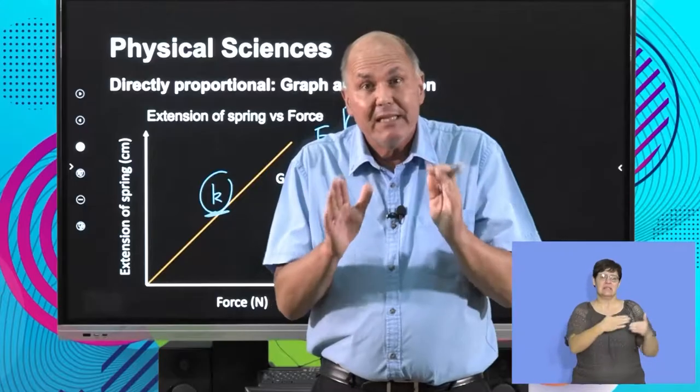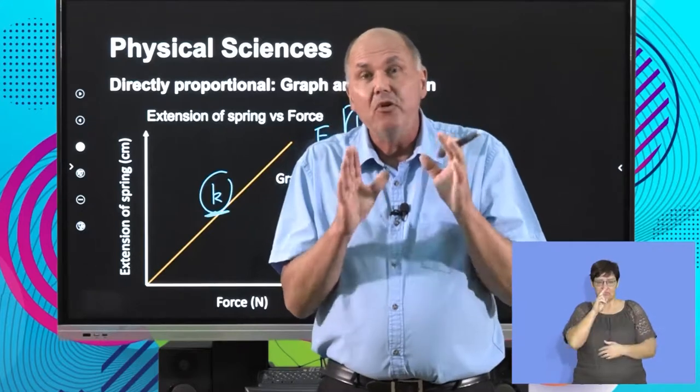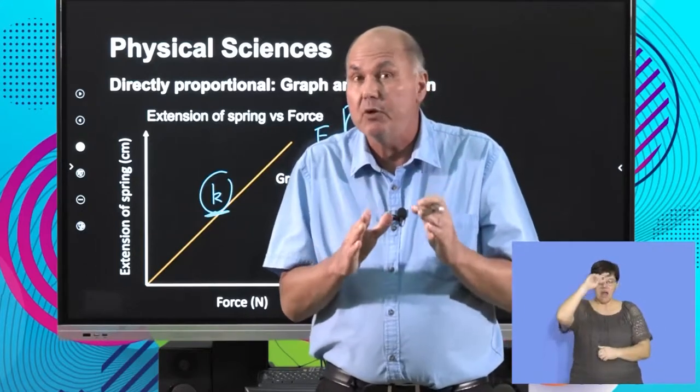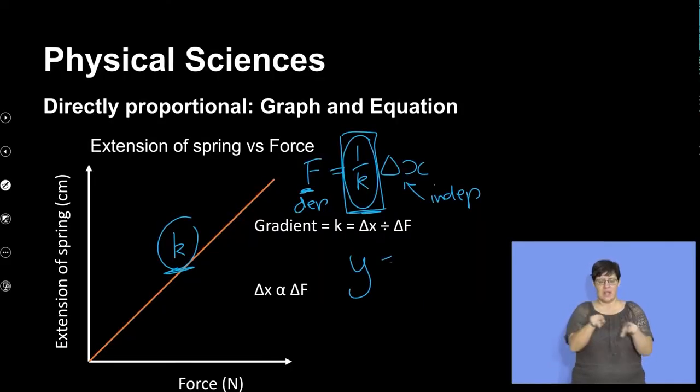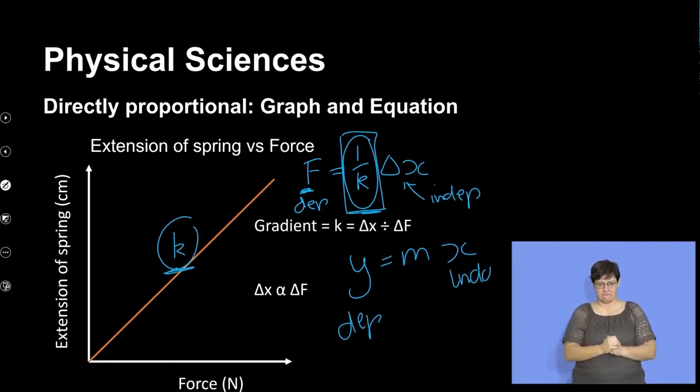Okay, so please be very careful. Whenever you're looking at gradient, try and interpret what it is, but make sure it fits into the form of y equals mx, where this is the dependent and this is the independent.